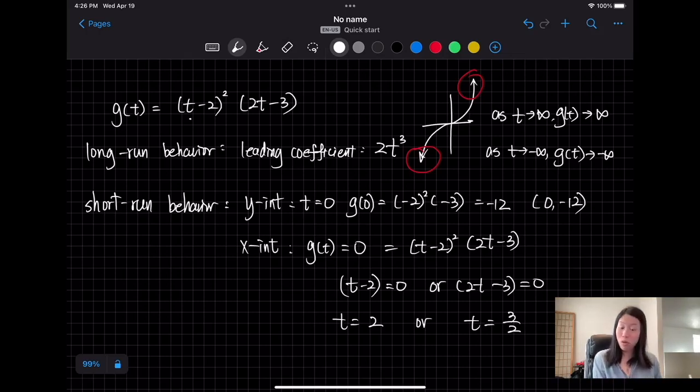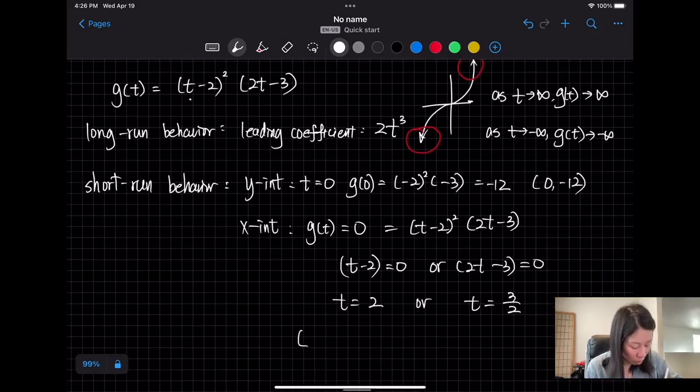So we will have two x-intercepts: one is (2, 0), the other one is (3/2, 0). But that's not done. We still need to discuss the multiplicity, because we need to find out the short run behavior at the x-intercepts.